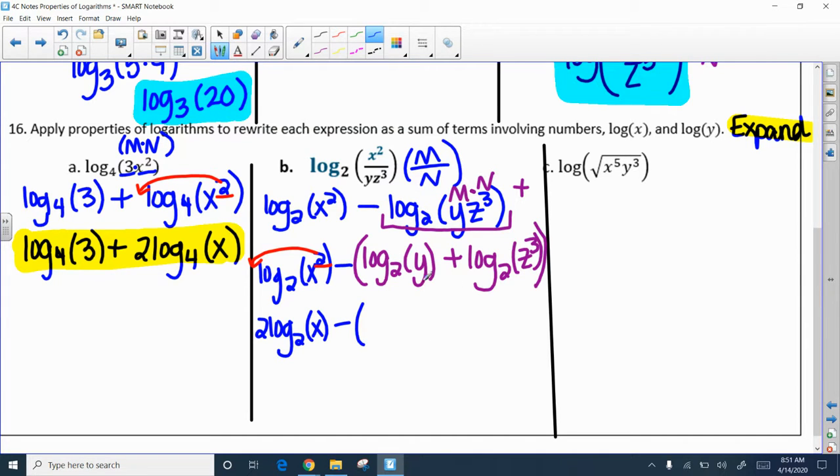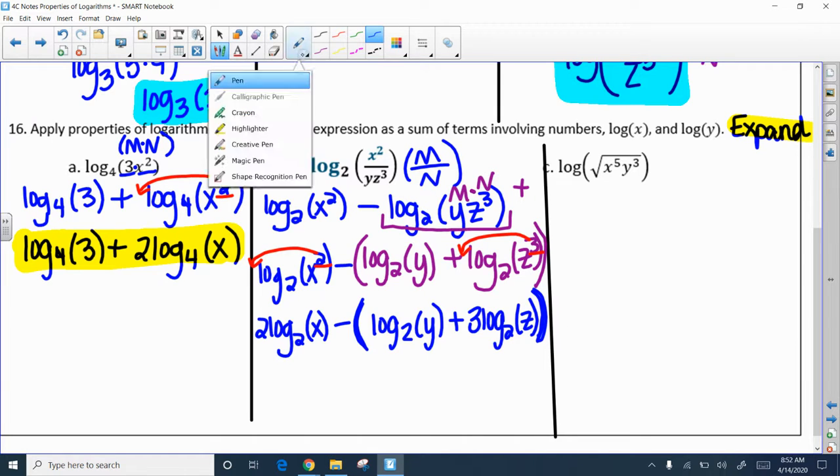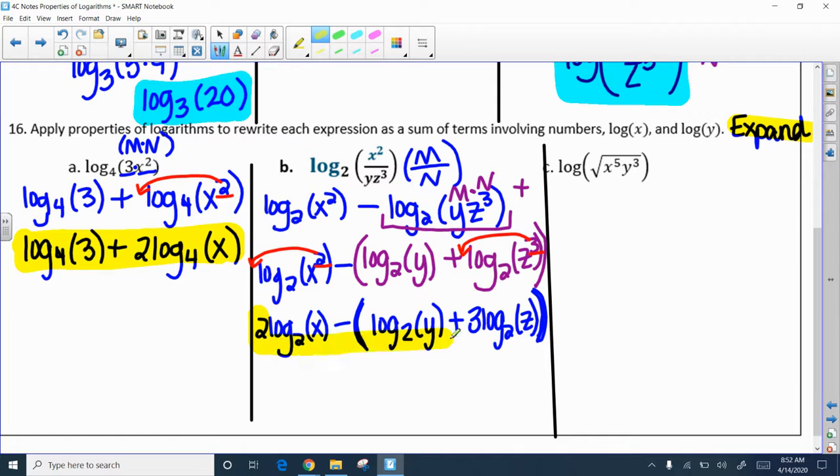This one doesn't have a power, so that's just going to stay log base 2 of y plus, right here, this 3 that's in the exponent can move to the constant in the front. So then that would become 3 log base 2 of z. Now, again, notice I have this whole expression in parentheses. So this is one way you can write it. You can leave it with the parentheses here.